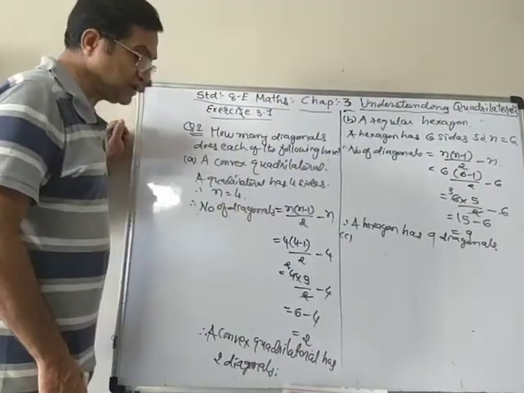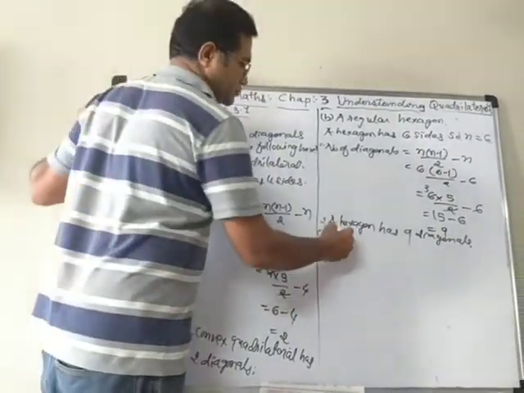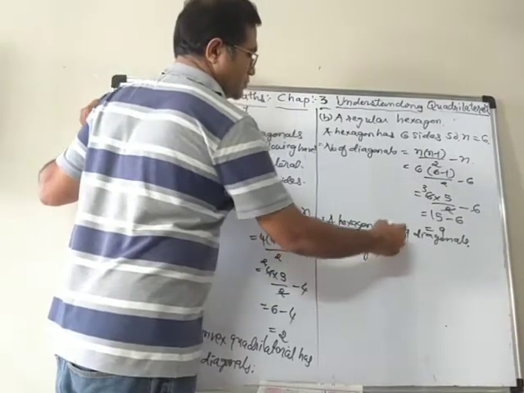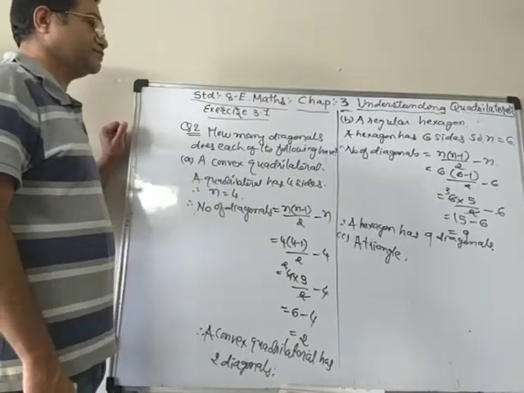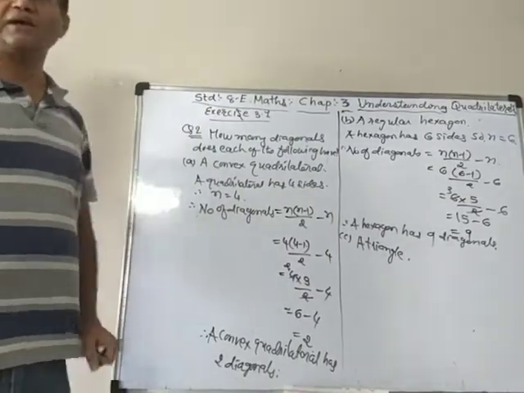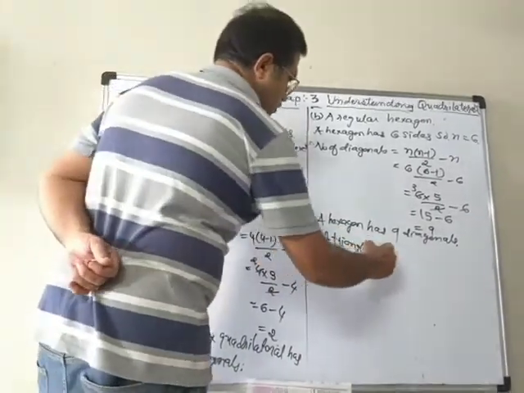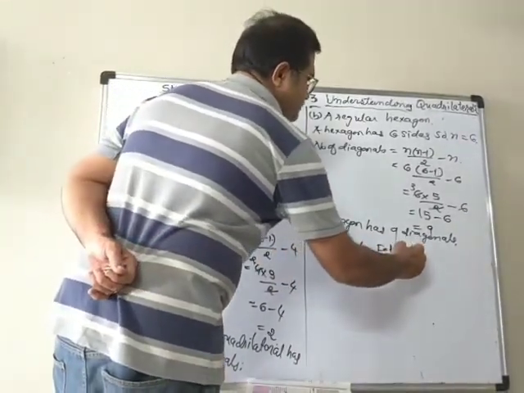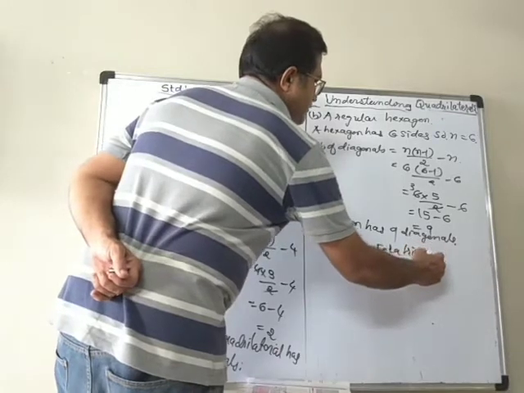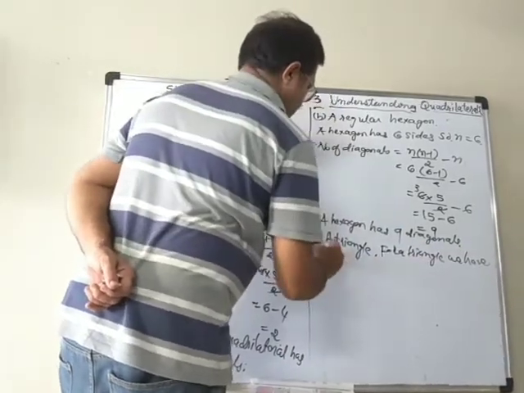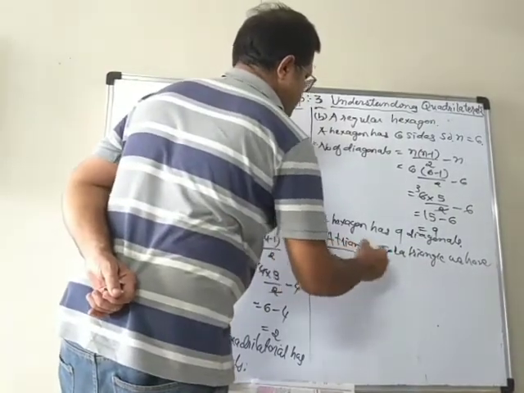And the last one is a triangle. Now, a triangle has how many sides? Of course, 3 sides. So, for a triangle, n is equal to 3 sides.